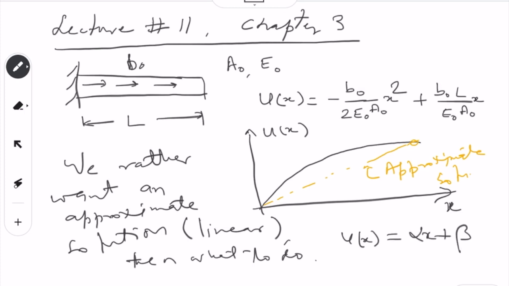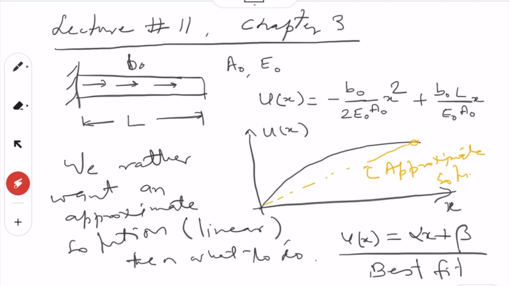We want this, and we want the best fit. What should we do to find out what alpha should be and what beta should be, so that it represents the best fit of the solution that the original differential equation can admit.